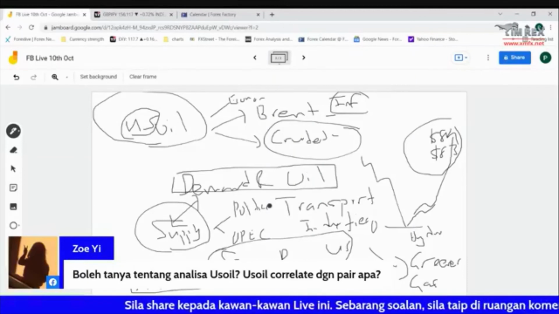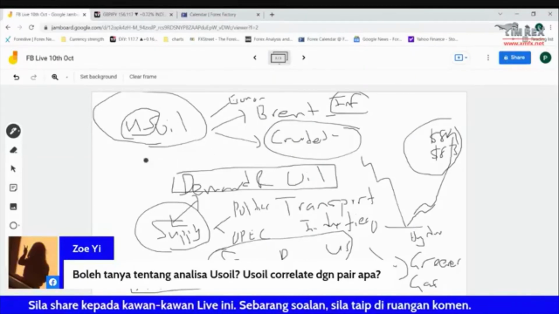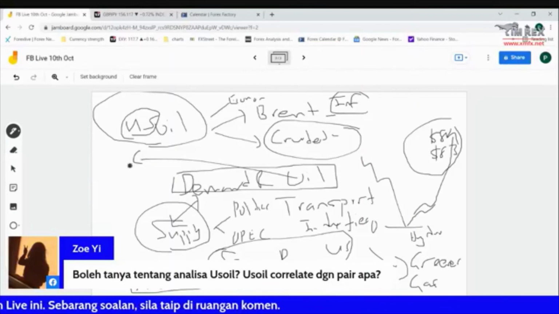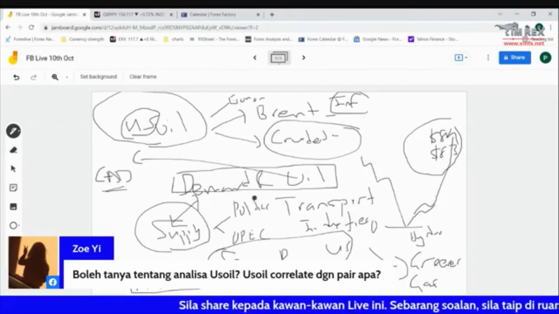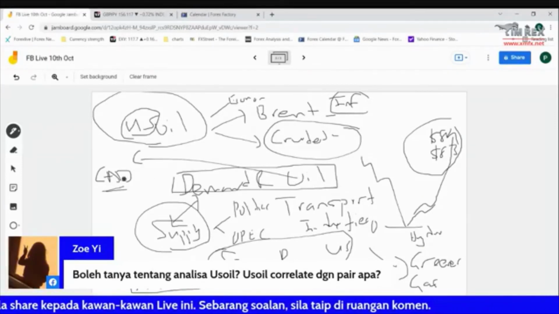So in a short, simple answer, oil is typically correlated to the Canadian dollar. This is the currency we normally correlate with oil. Other currencies we normally don't correlate with oil, because Canada is one of the major exporters.